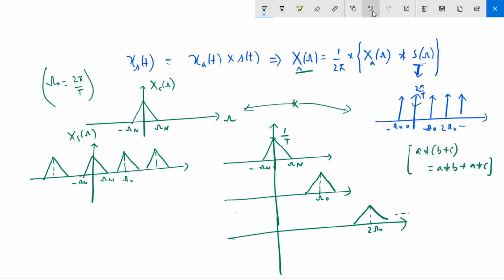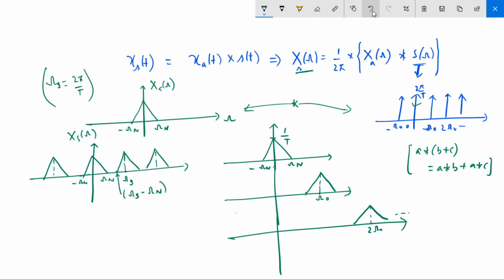I am taking omega, in case you use f, this is suppose f_n, and this will be f naught or f_s, the sampling rate. Now this point here, where will this frequency lie? It will be omega naught minus omega n, or just write it as omega s to relate this with sampling.